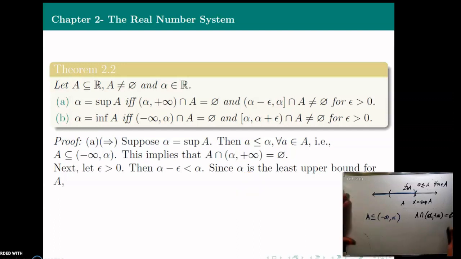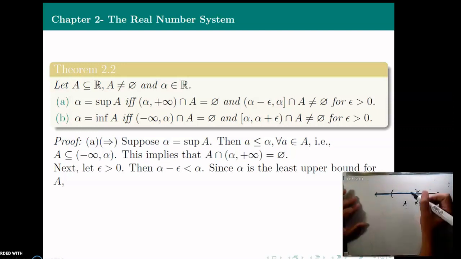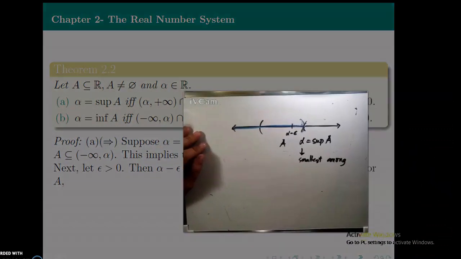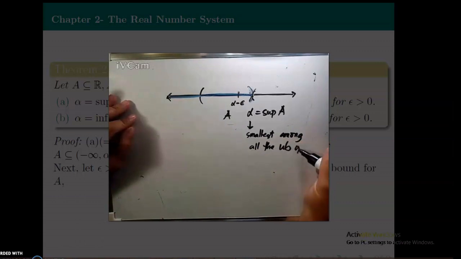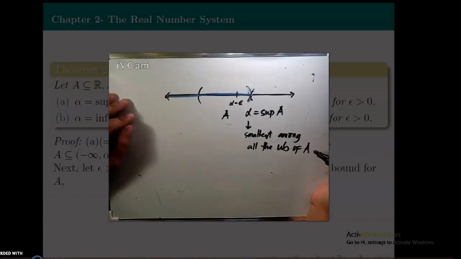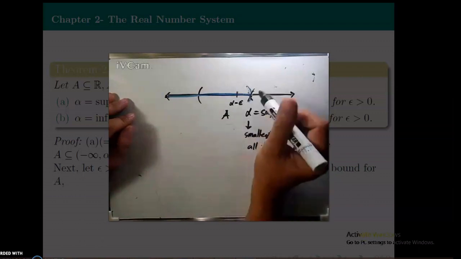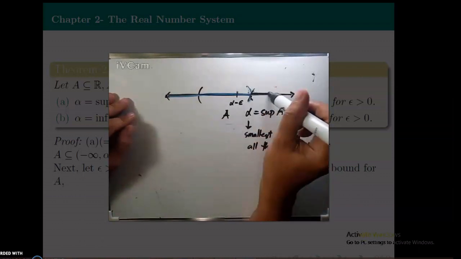So alpha minus epsilon is less than the least upper bound, and the least upper bound is the smallest among all the upper bounds of A. It means the upper bounds start at alpha to the right.